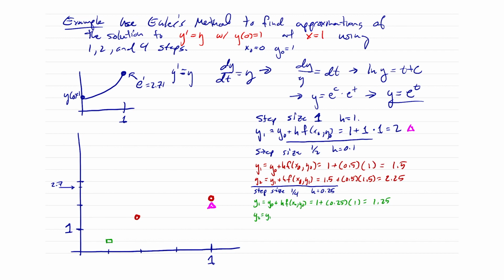Okay, now let's figure out y2. y2 is equal to y1 plus h times f of x1, y1. And so it's going to give me 1.25 plus 0.25 times 1.25. And forgive me, this is the point where I'm going to pull out a calculator. Right? So let's see.